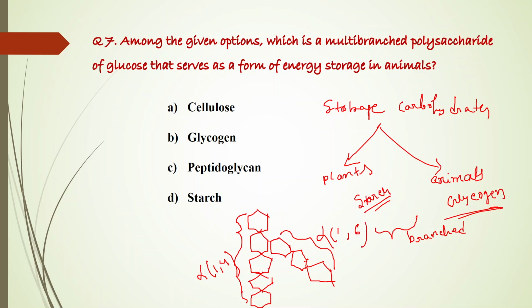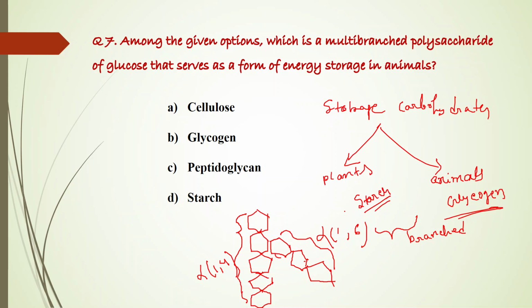The only difference is how many branchings there will be and how many glucose units will be in the branches. That defines whether it is the structure of starch or glycogen. Otherwise, the basic structure for both plant storage carbohydrate and animal storage carbohydrate is the same. The only difference is how many glucose units are in the main chain, how many branch chains there are, and how many glucose units are in the branch chains.